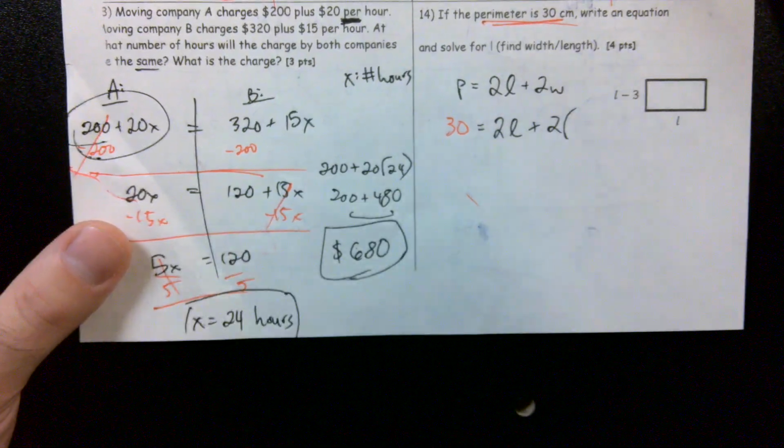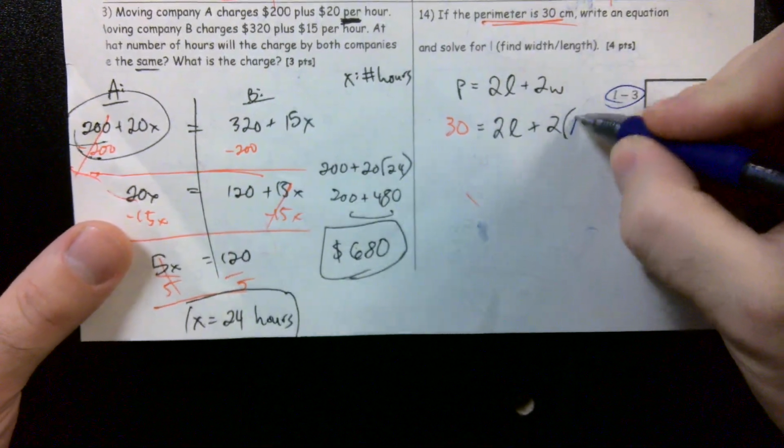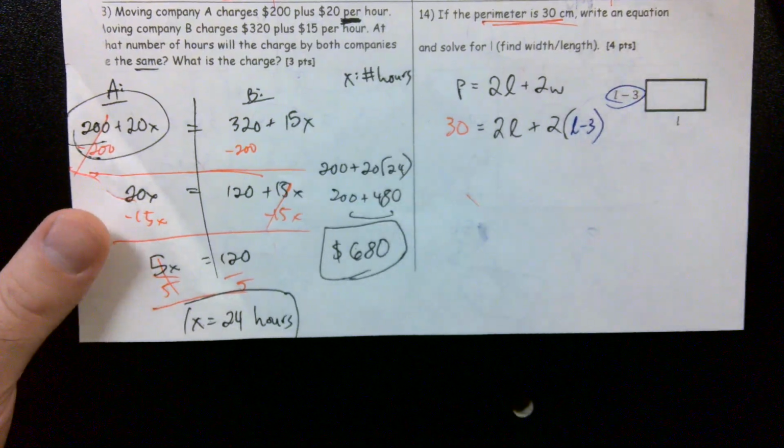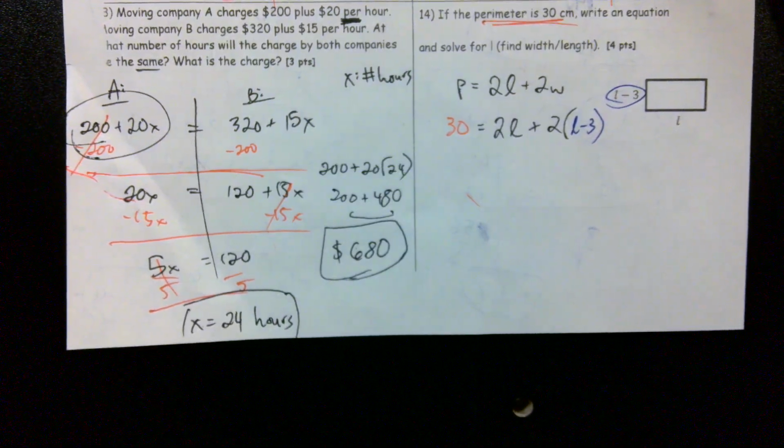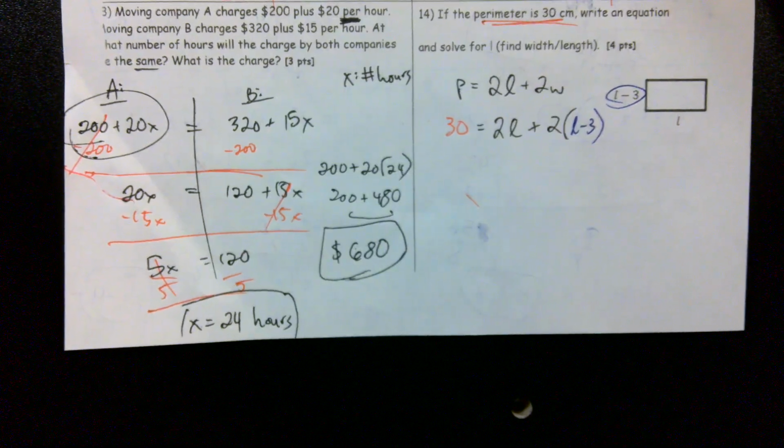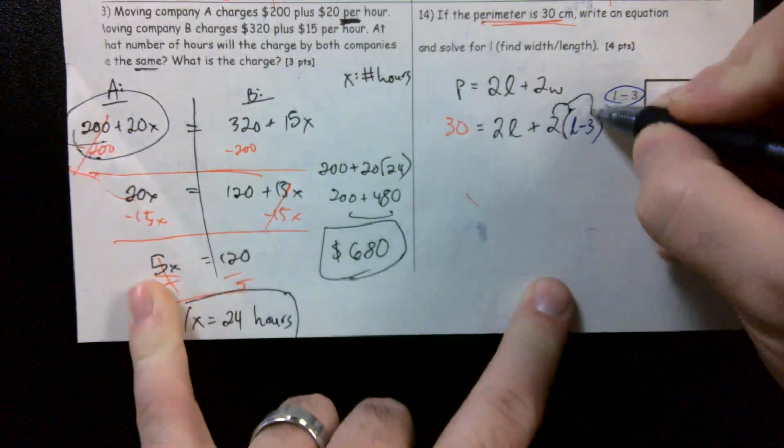Now, there's another way we could have done this, right? That's worded wrong. Write an equation and solve for L. Whatever. That's fine. So we distribute the 2.